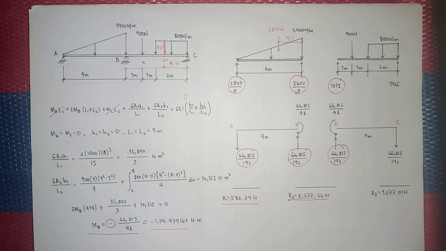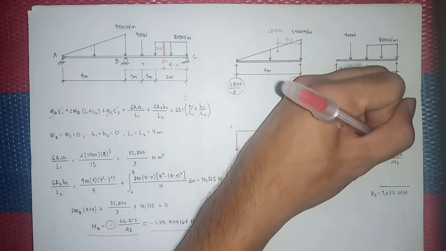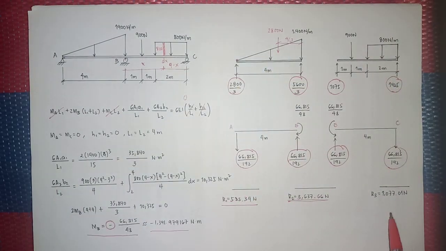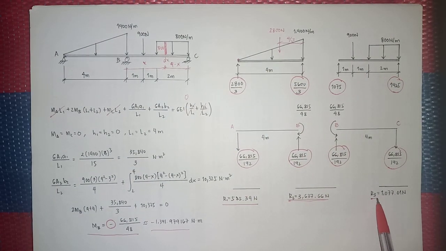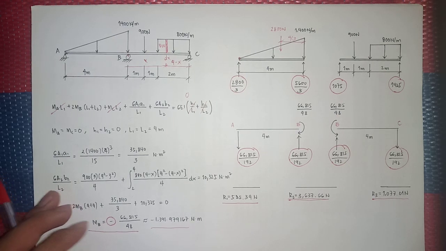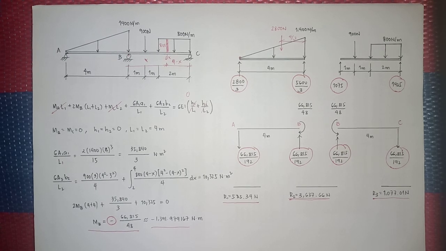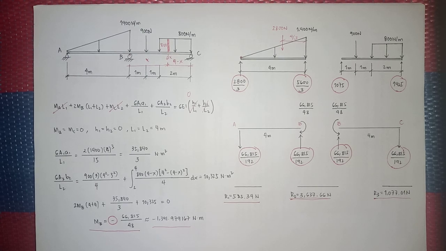And then for C naman, we have 1,425 minus this one. Okay, we are getting 1,077.01 newtons. Okay, so upon checking, makikita natin na it will satisfy summation of forces vertical, also summation of moment. Okay, we are going to proceed sa next example.